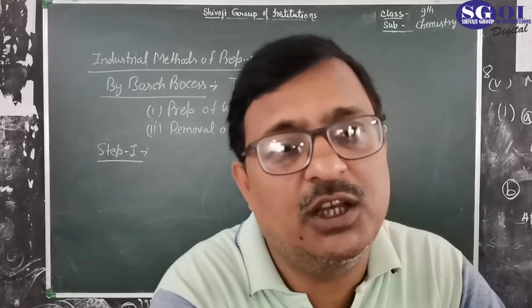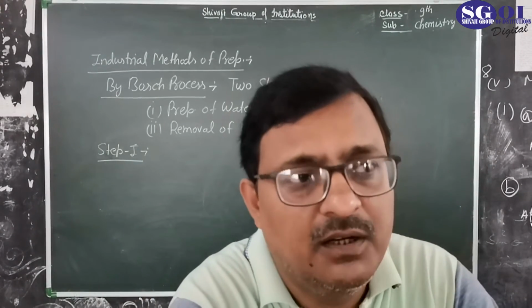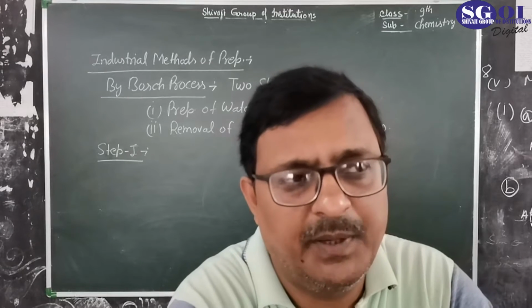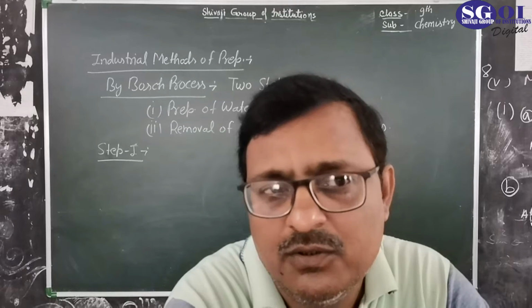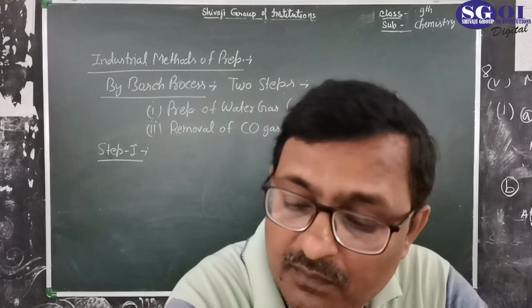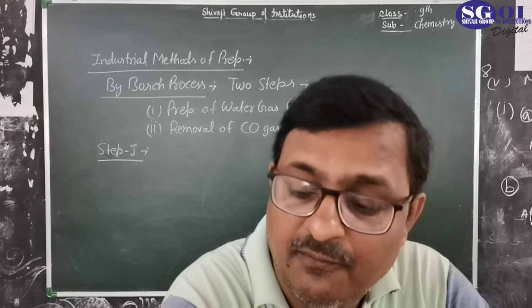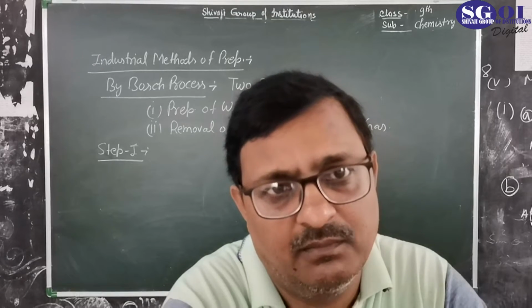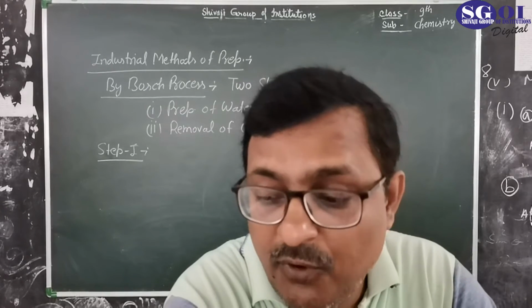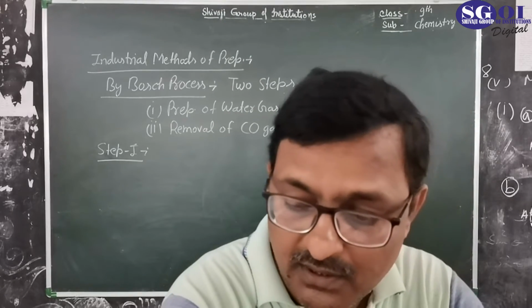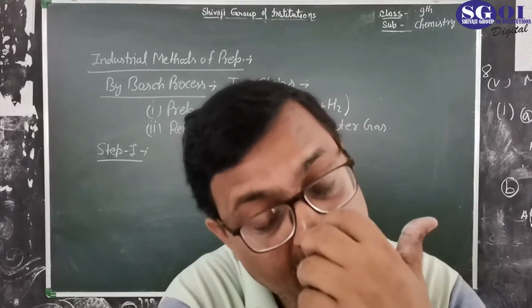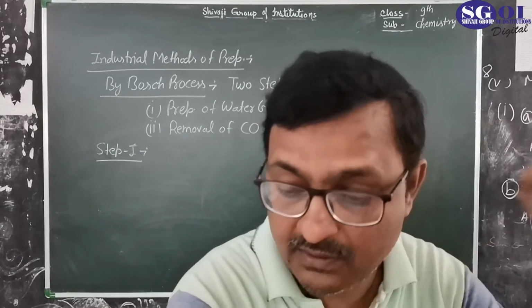This is an endothermic reaction. The reason behind it is that red hot coke is prepared by supplying a lot of heat to the charcoal. It forms a mixture of equal volumes of carbon monoxide and hydrogen gas, which is commonly called water gas.